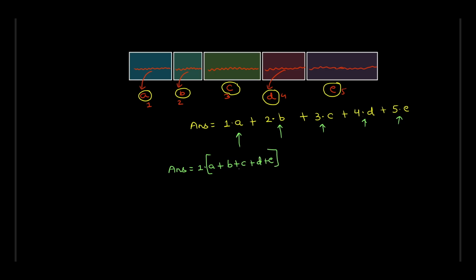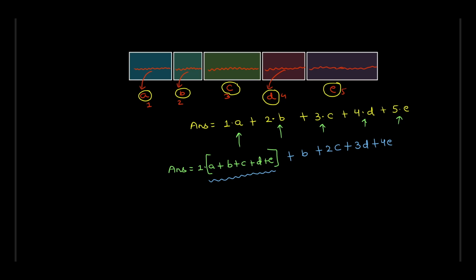And after that, what would I have remaining? 1B is borrowed, so it will become B. 1C is borrowed, it will become 2C. 1D is borrowed, it will become 3D. And this will become 4E. But what is this number that we have just created, A plus B plus C plus D plus E? This number is nothing but the sum of the entire array.